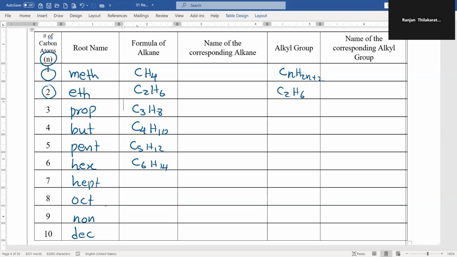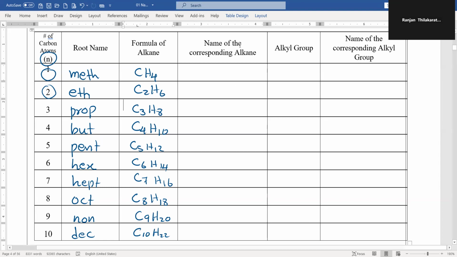Write down up to 10. Then 7, C7H16. 8, C8H18. C9H20. C10H22.